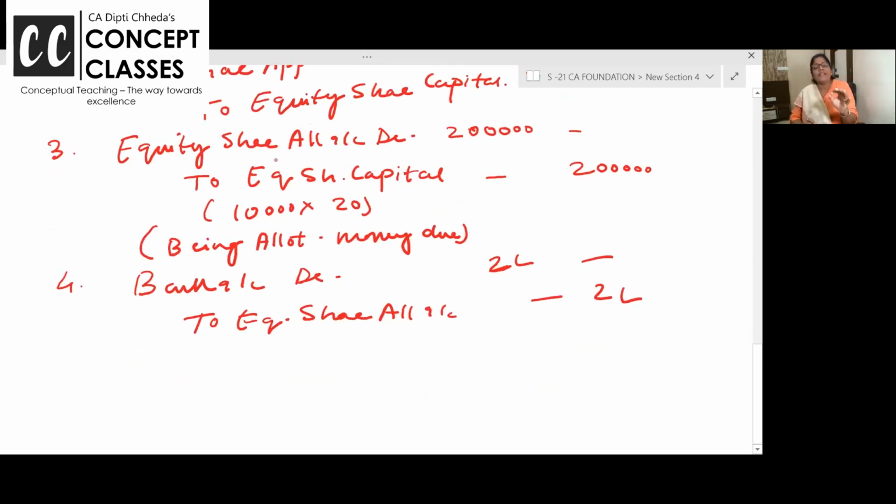Allotment looks very easy, but if you don't understand this, you will not follow advanced level problems. Allotment will become due first and then bank to share allotment.